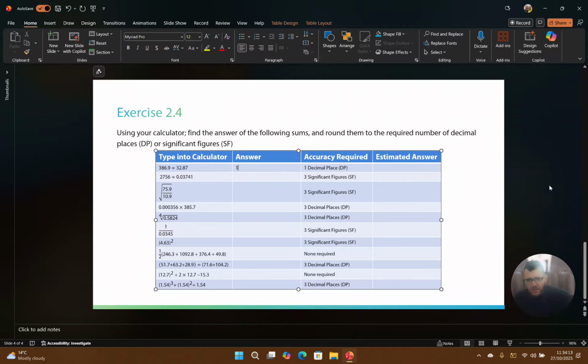I shall put that on the screen as well. And we want to round that to 1 decimal place, which will be that 7 there. So it's going to be 11 point 7. If we look at the second decimal place and find that it's greater than 5, then we round the first one up to 8.